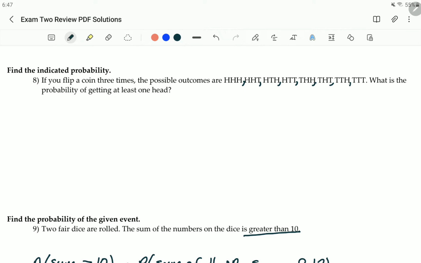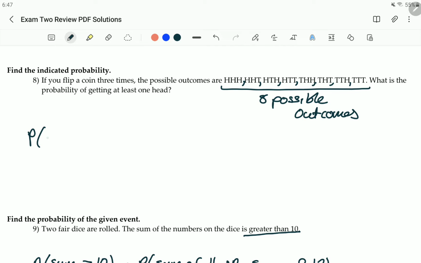And if you look at the possible outcomes, we can see that there are 8 possible outcomes. So let's write that down. 8 possible outcomes. It says, what is the probability of getting at least 1 head?